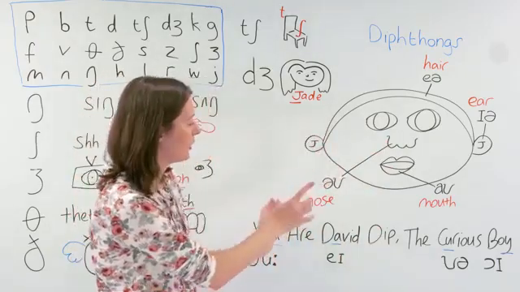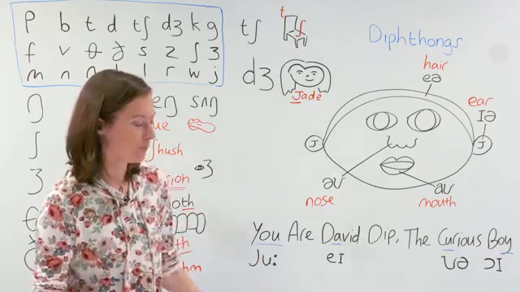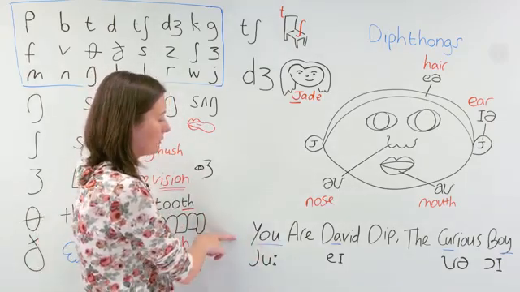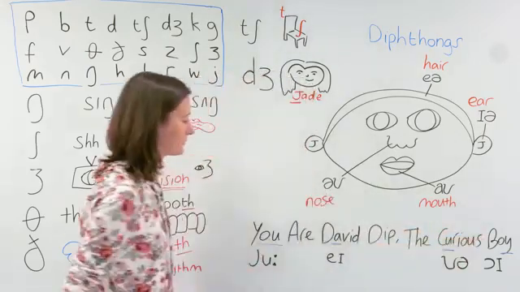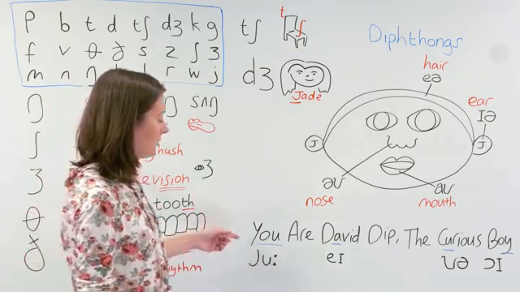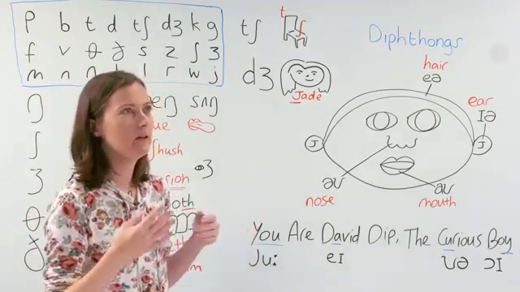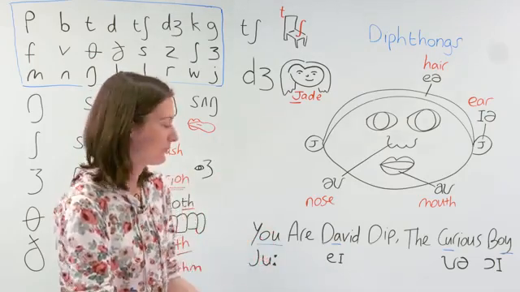So now we've got 1, 2, 3, 4 diphthongs, but there are more. You are David Dipp, the curious boy. Start off with U. U is not actually classified as a diphthong.